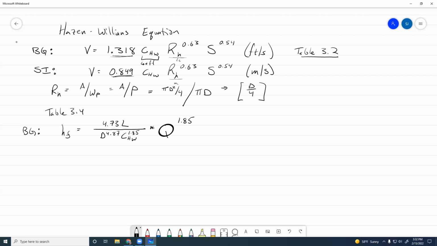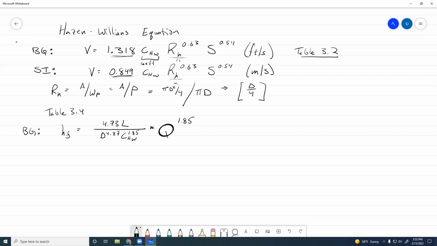So it's kind of similar to the Darcy-Weisbach equation. You've got length, you've got diameter, you've got velocity in here in terms of flow rate, right? So you can calculate this directly, if you know flow rate, without having to do the Moody diagram and all that. So it makes it a little bit more straightforward.